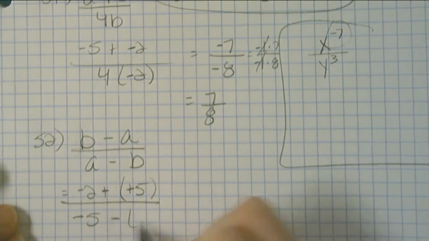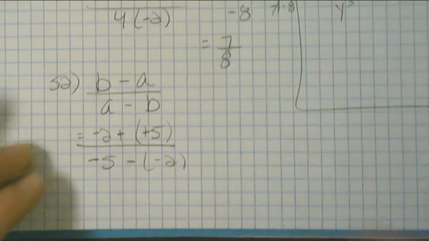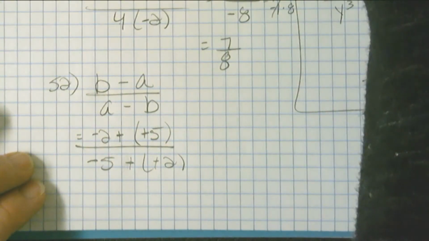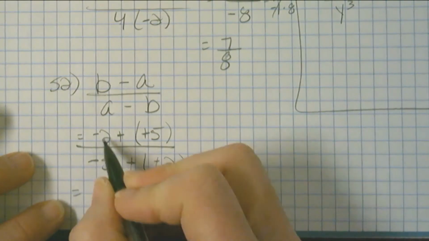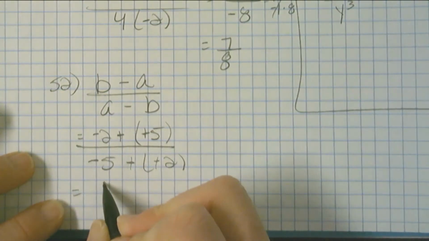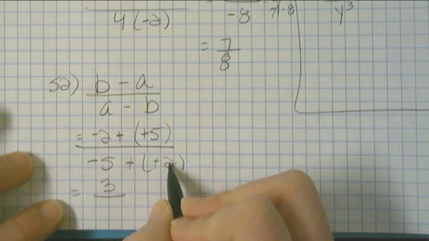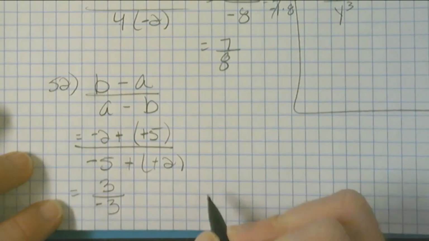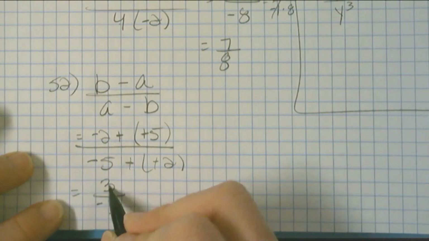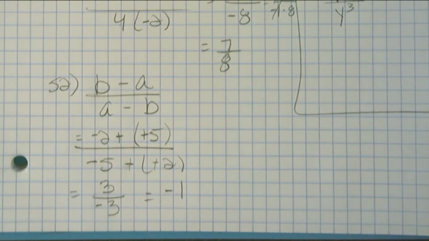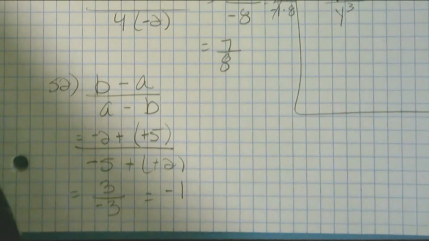Minus negative 2. All right, and I do like that you did adding the opposite on those. That was super smart. I do agree with that. Once we do adding the opposite, now we can see we have negative 2 plus a positive 5, which is a positive 3. Negative 5 plus a positive 2 is a negative 3. Well, 3 divided by negative 3 is going to give me a negative 1, because a positive divided by a negative is a negative. Okay? All right, so that was 52.